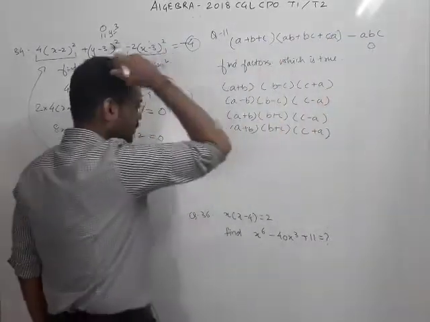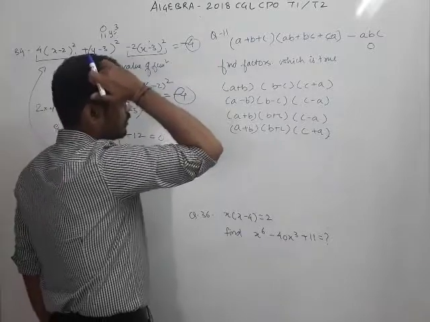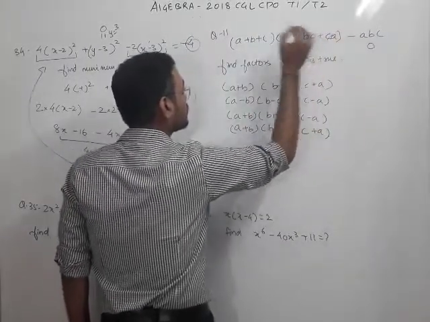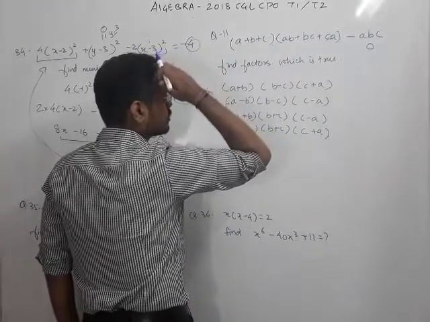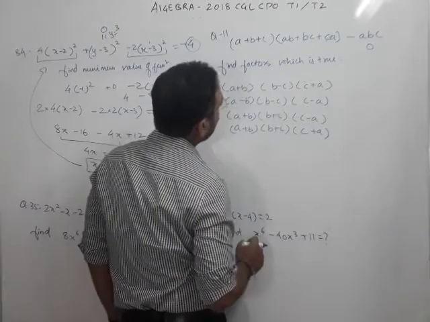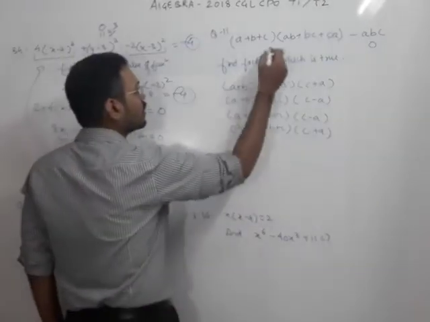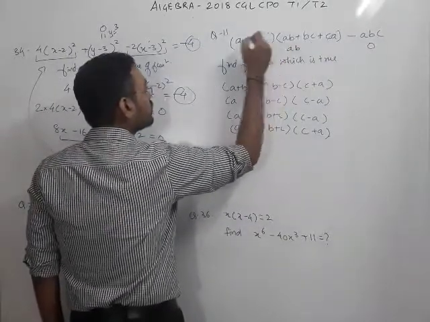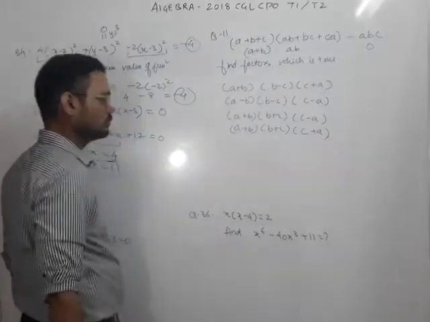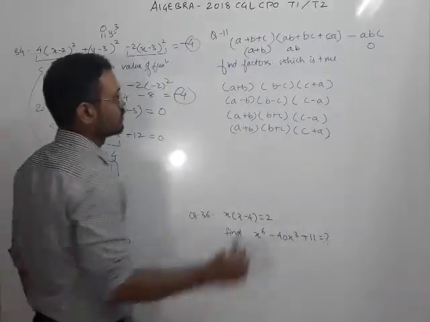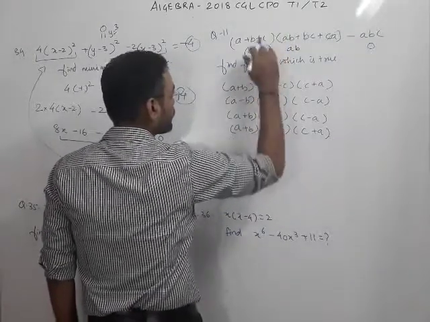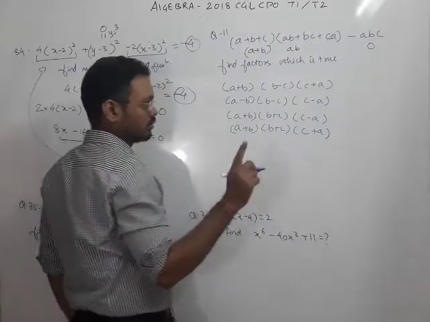So whenever I am getting something like this will become 0, let's say C becomes 0, this will be AB and this will be A plus B, or otherwise this will be A into. We have to take one as 0 at a time.